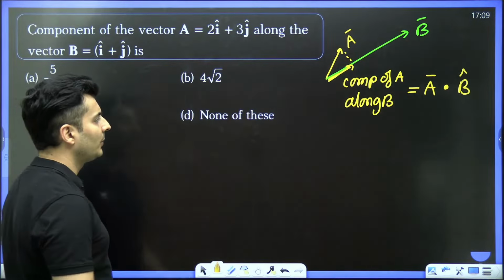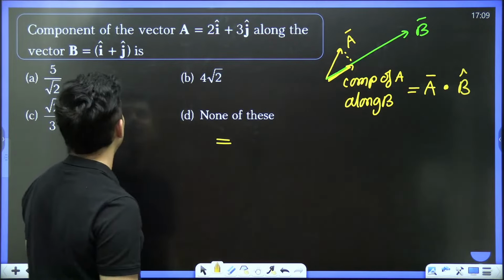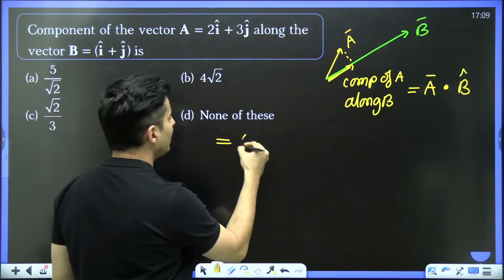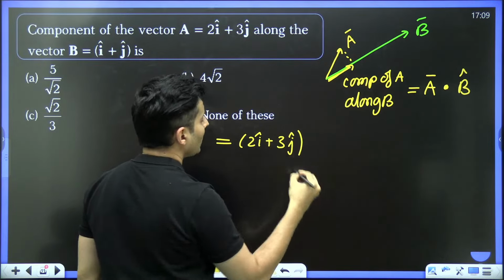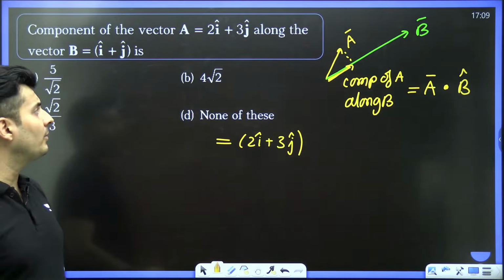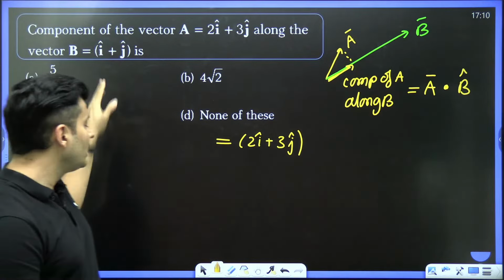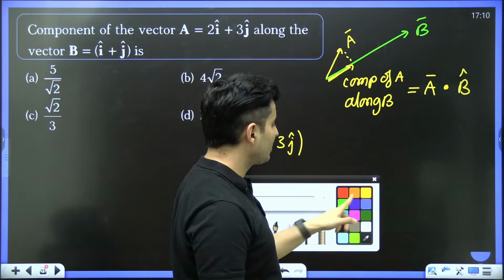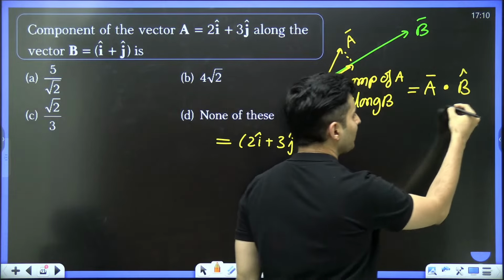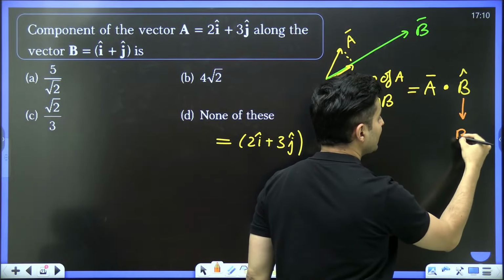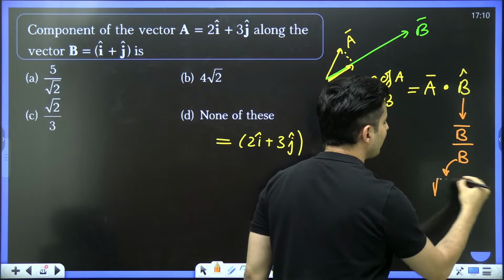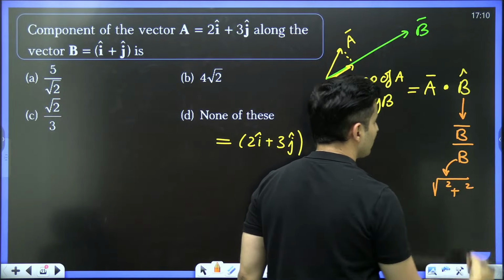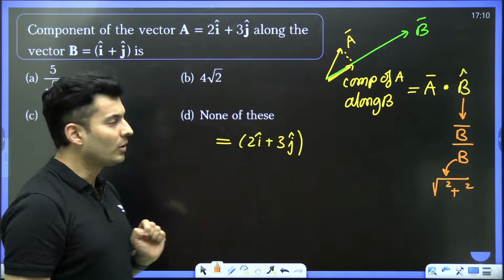That is that formula. So what is A vector over here? A vector over here is basically 2i cap plus 3j cap. Now how do I find unit vector B? This vector is not a unit vector, it is something else. So how do I make it into a unit vector? Simple, guys. B hat is the vector B divided by its magnitude, and magnitude is always the sum of the squares of the components under the root.